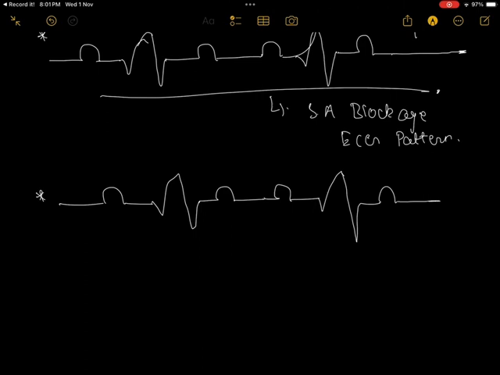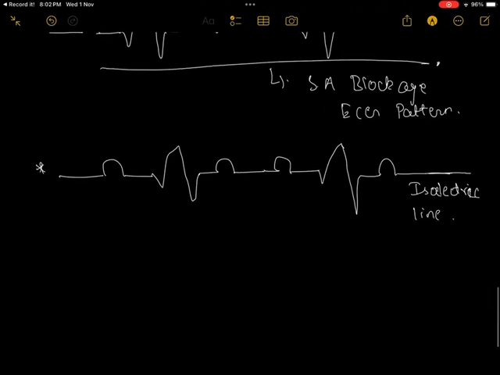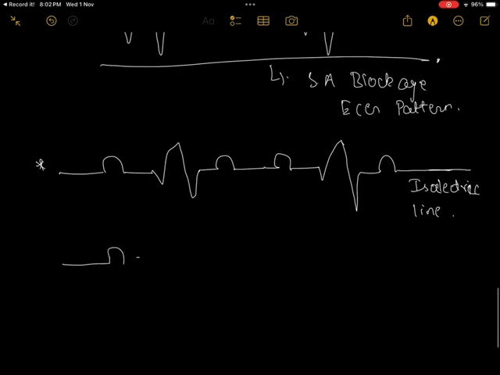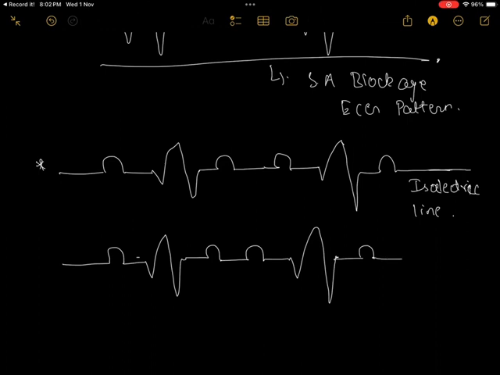But sometimes there is a formation of isoelectric line for some time. There will be no formation of P wave in the sinoatrial blockage. But sometimes, if you take it in ECG form, after some time after the formation of isoelectric line, there will be no forming of P waves, but there will be a formation of QRST complex, which is seen over here.